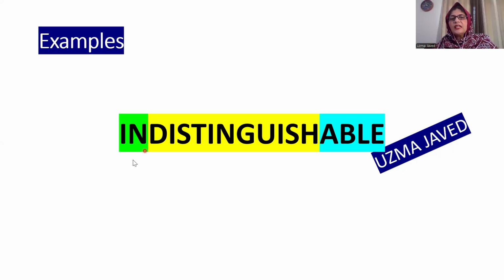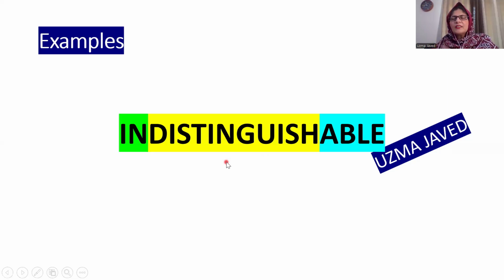In the same way, the prefix in has changed the meaning of the word distinguish to indistinguish, and at the same time the suffix able helps us recognize the meaning of this word, that this is something that cannot be distinguished. Now, the mistake in this meaning is that I'm using the root word in my answer. So, what should I try to achieve in order to gain perfection?